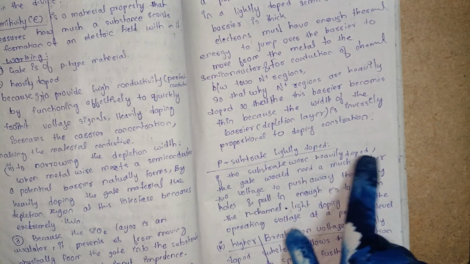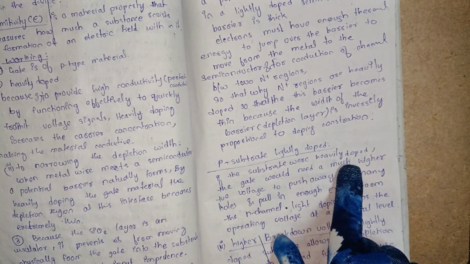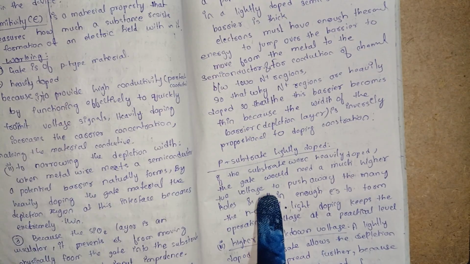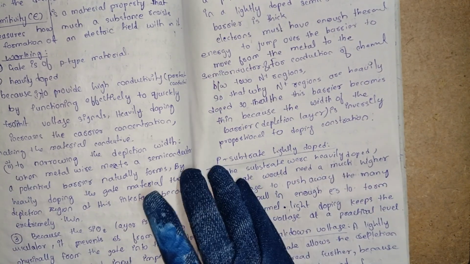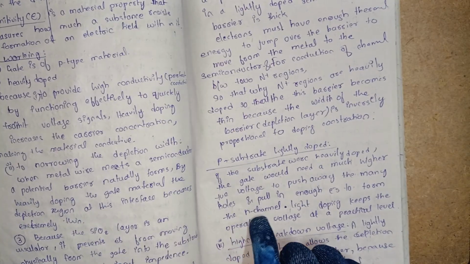If the substrate were heavily doped, the gate would need a much higher positive voltage to push away the many holes and pull in electrons to form the n channel.